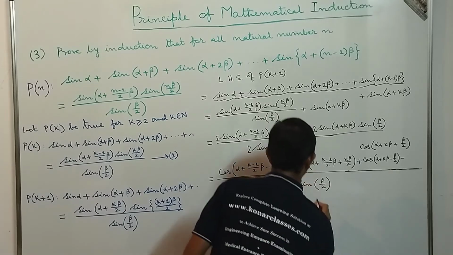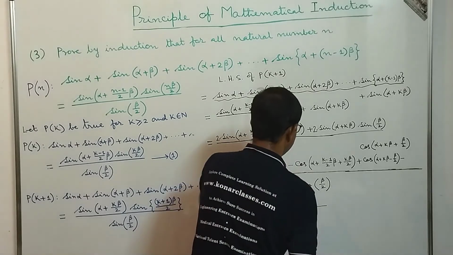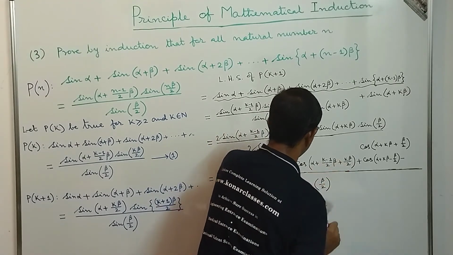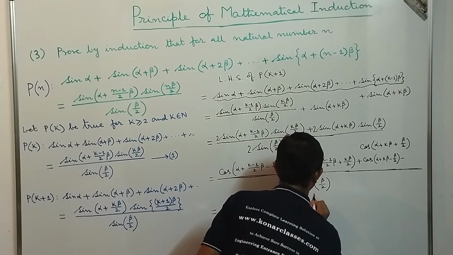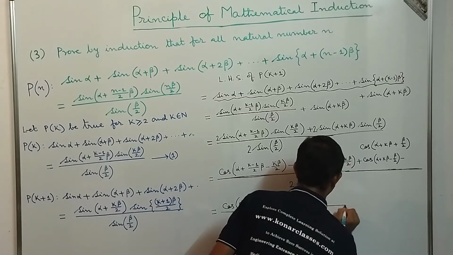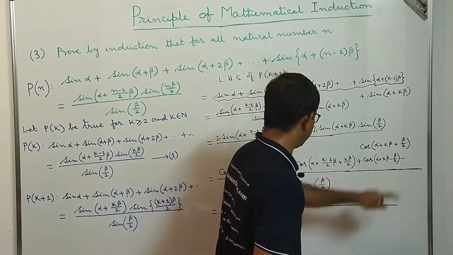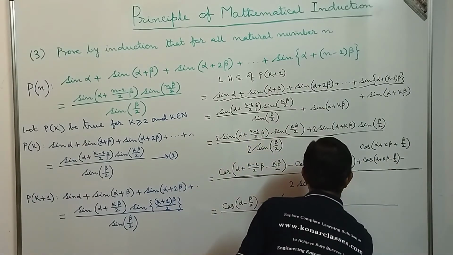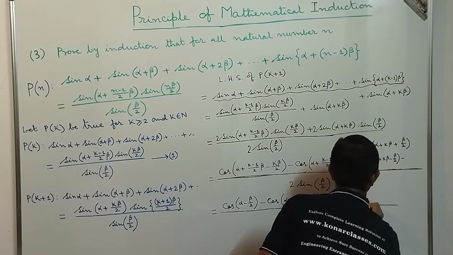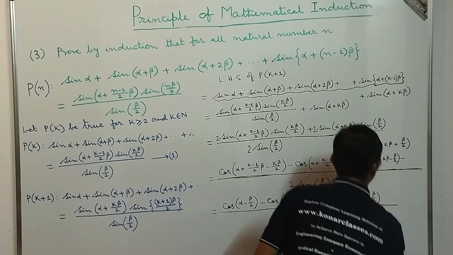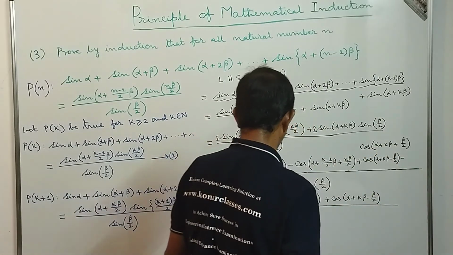cos of alpha plus k beta by 2 plus k beta by 2. So k beta, alpha plus k beta minus beta by 2. Okay? And then cos of alpha plus k beta minus beta by 2 plus cos of alpha plus k beta minus beta by 2 minus cos of alpha plus k beta plus beta by 2.